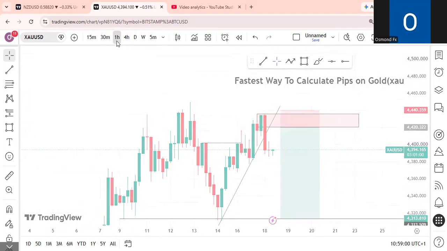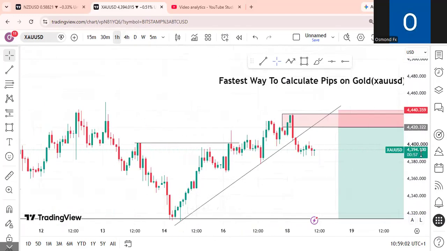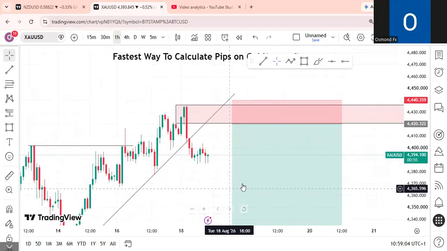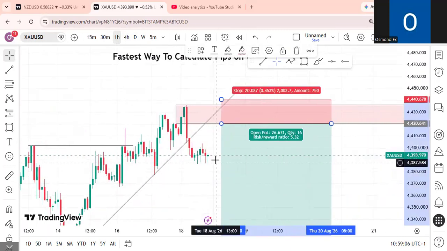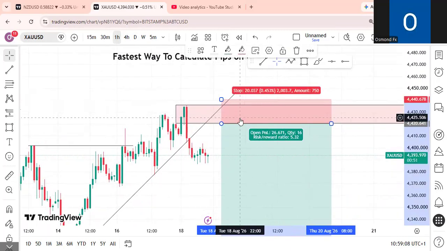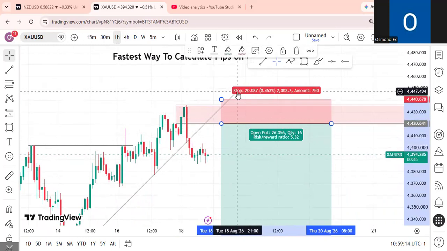This is what I use, okay? So anytime that you want to trade and you place your long position, focus on this area. You can see that this area is giving us 20, all right? 20.037. Okay, so this 20.037, just focus on this 20.